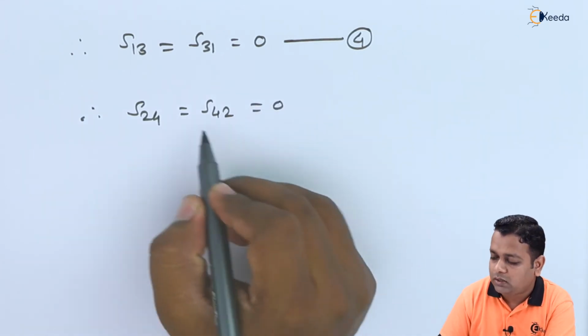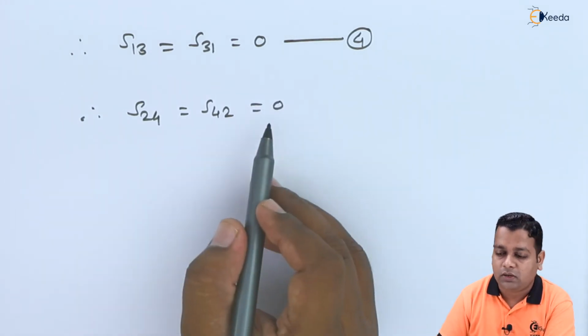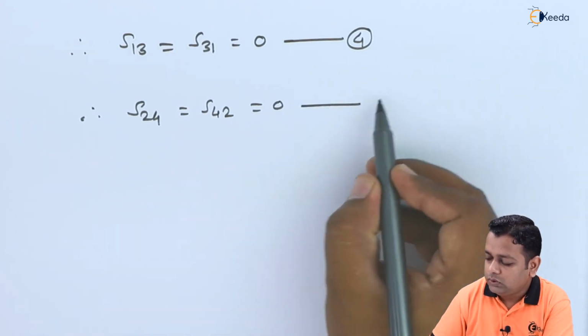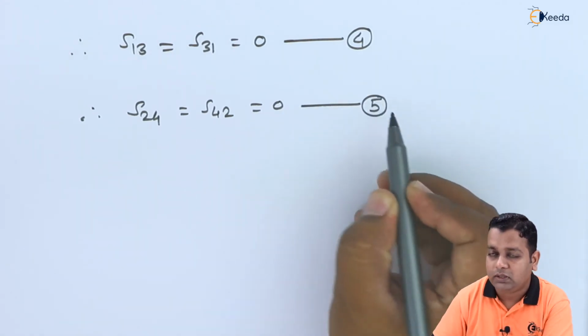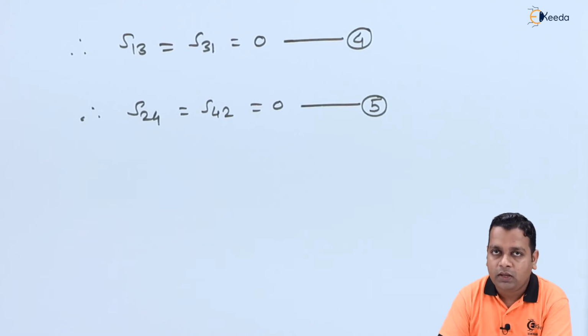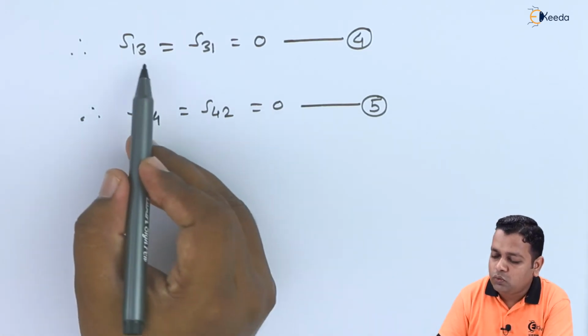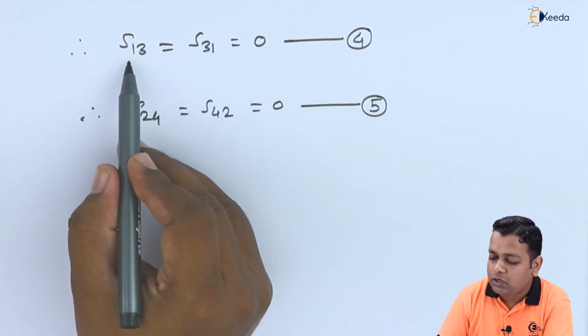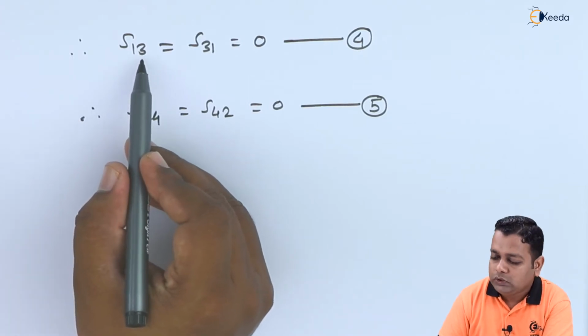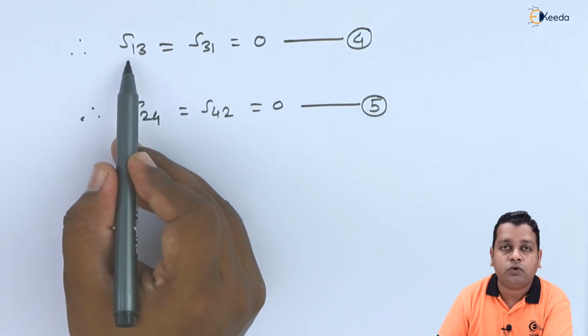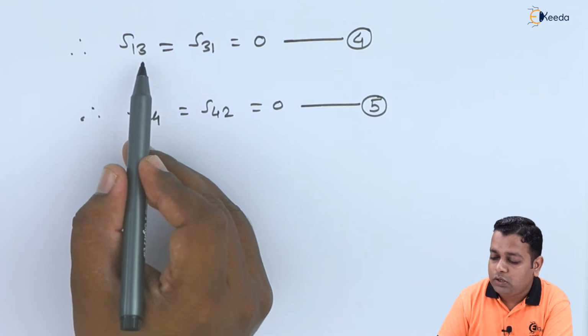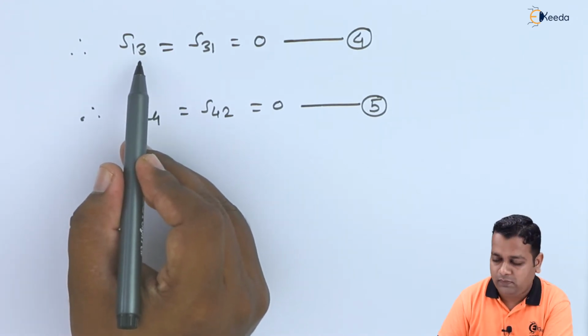So these two scattering coefficients can also be equal to 0, and we have this representation as equation number 5. The meaning is that there is no connection from port number 1 to port number 3. So while we can provide input to port number 1, there won't be any output at port number 3.